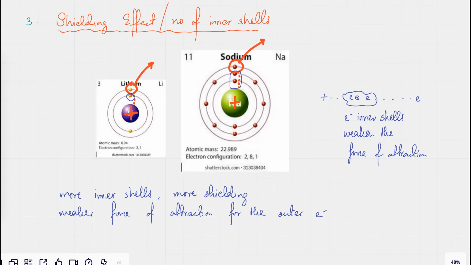And since it's going to be a weaker force of attraction, it would be easier to lose that electron. Ionization energy would be lesser. So it's going to be easier to remove electrons. Okay, is this point clear?